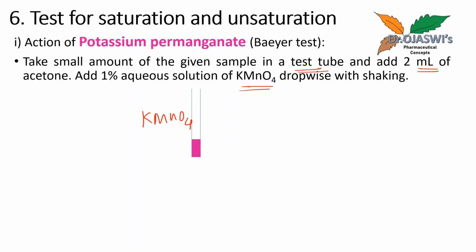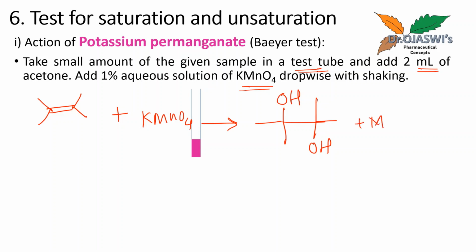When KMnO4 comes in contact with a double bond or unsaturation, MnO2 is released. This MnO2 has a brown color, so a brown precipitate is observed.